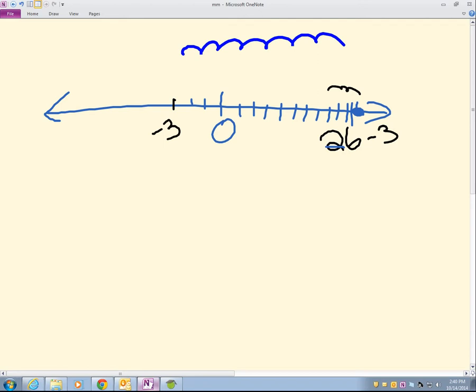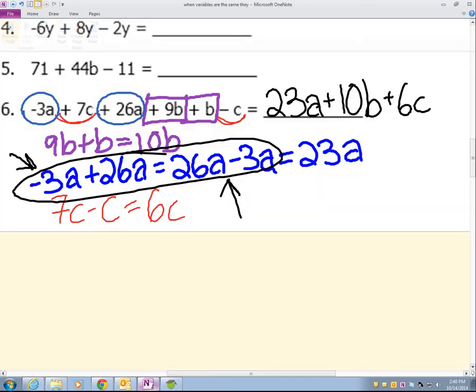Or is it easier to visualize having negative 3 and going 26 this way? Either way, what are you going to end up at? 23 is what you're going to end up at no matter what. Therefore, if you are struggling with integers, you can rewrite it like this because it's just addition and subtraction. You're going to end up at the same spot anyway.